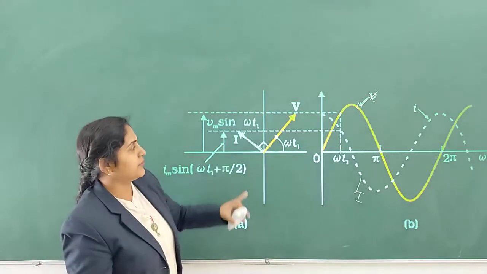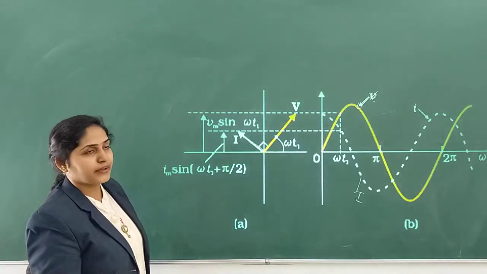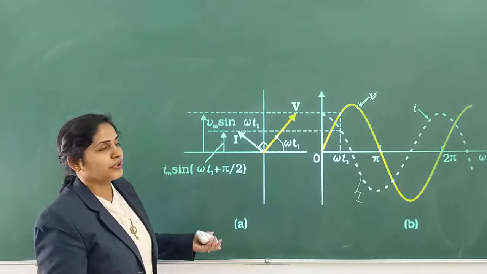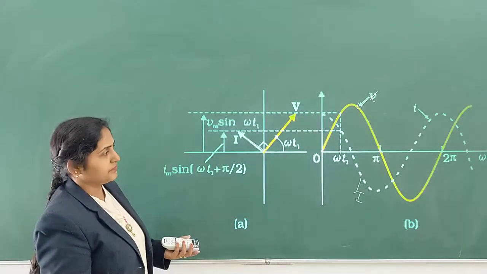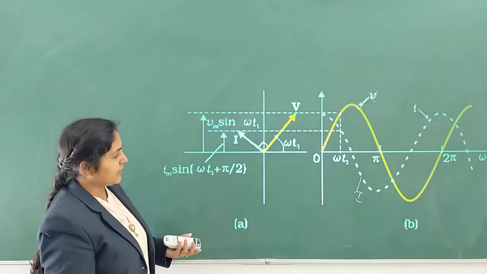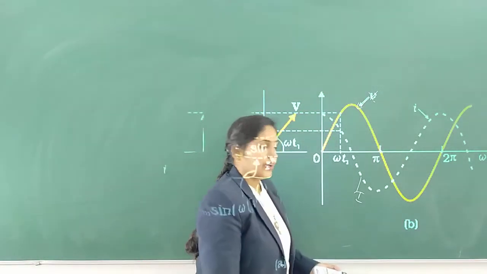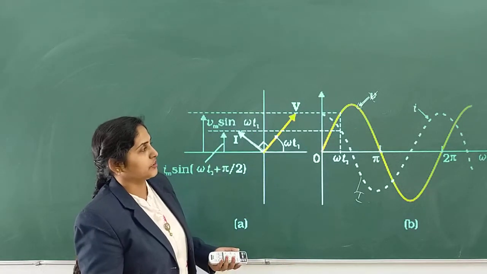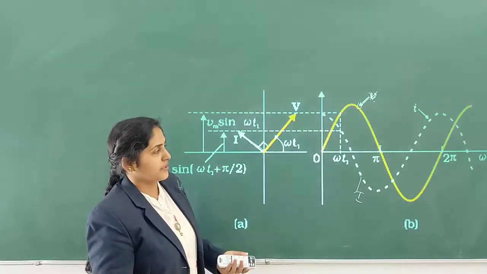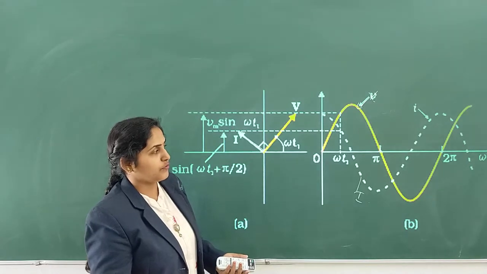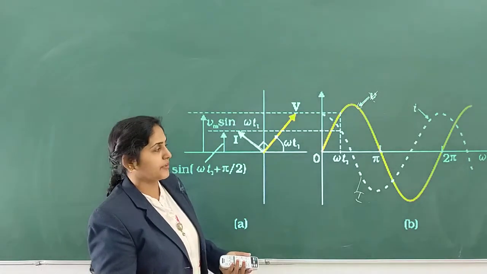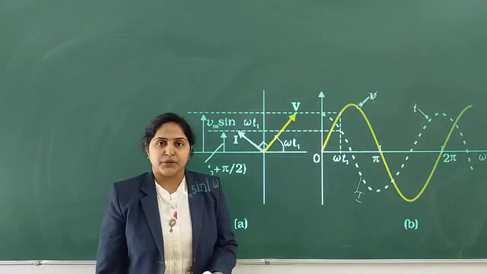Look at the angle between them. Both lines are perpendicular, it is 90 degree. With this figure you can say the current is 90 degree ahead of voltage, or the phase angle between current and voltage is pi by 2.